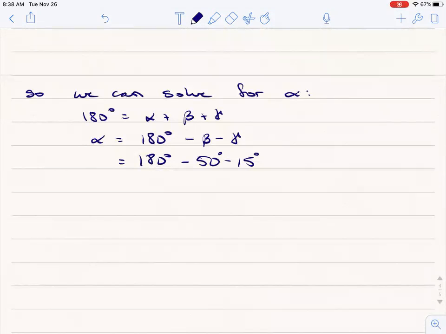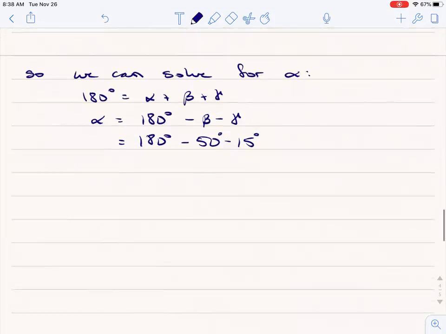We get 115 degrees. And now we've solved the triangle, right? Because we know what alpha is, we know what A is, we know what beta is, we know what B is, we know what gamma is, we know what C is. We've solved the triangle. So that's the end of that.